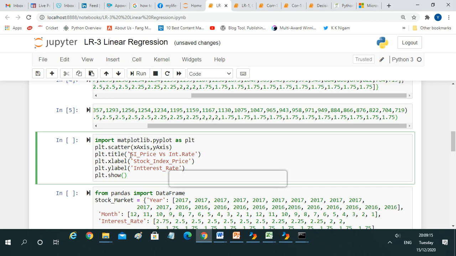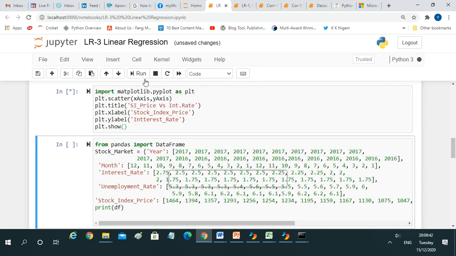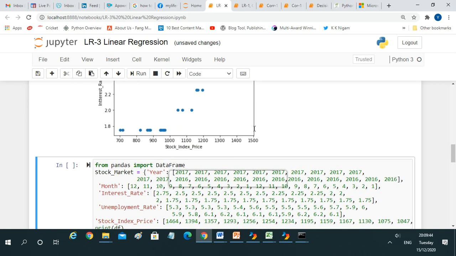Now again plt scatter, this means that we are going to have a scatter plot, x-axis and y-axis, that is what we have done here, the data which has been transferred here, and then the title is stock index price versus interest rate, x label stock index price, y label interest rate, and then when we run it we will have a scatter plot like this, right?